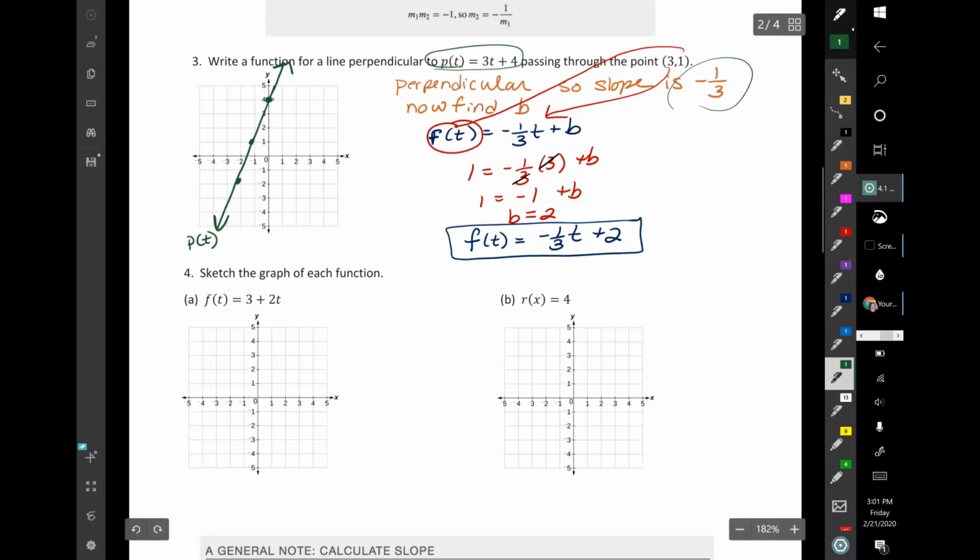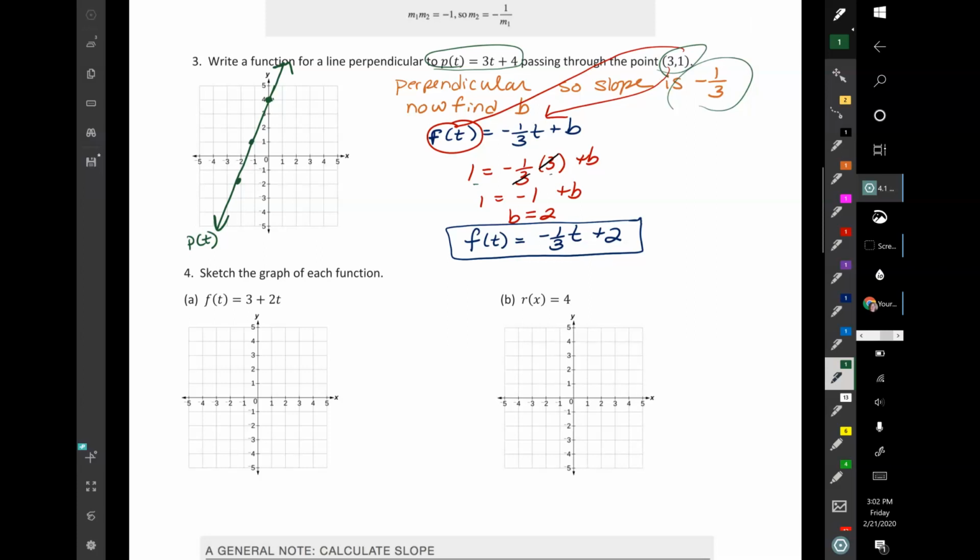So that's right over here. Then I plugged that in for m. I called my function f of t so it's different, and I need to find b. So far I have f of t equals -1/3 t plus b. I've got to figure out b. I can do that because I'm given a point on that line. So 3, 1 is a point, so I put 3 in for t and 1 in for the f of t.